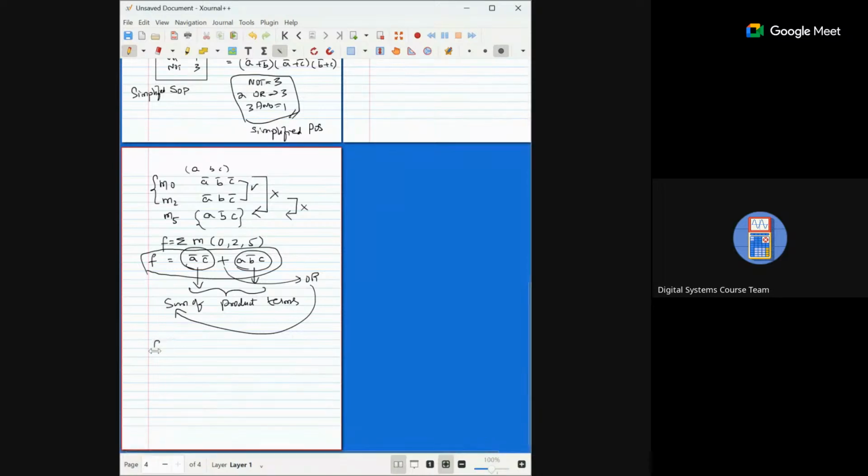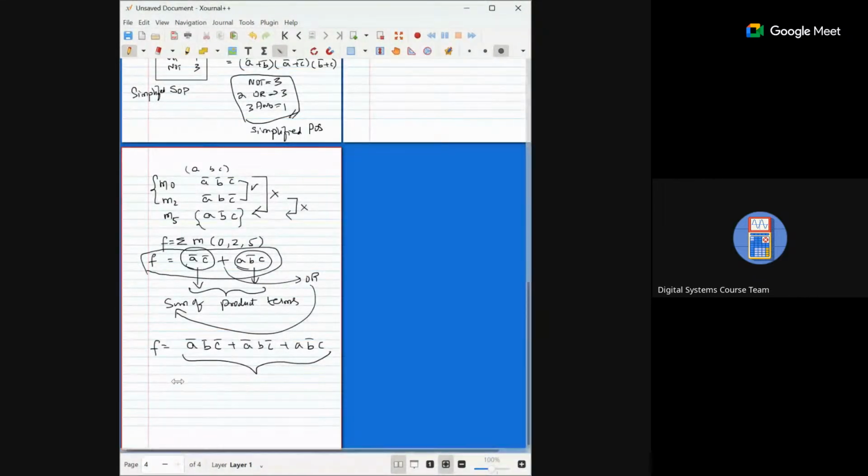I can alternatively write the same expression as A bar B bar C bar plus A bar B C bar plus A B bar C, which uses the entire elements. There is no change, and no missing element like the B and B bar term. In this case, all the product terms have all the input variables.